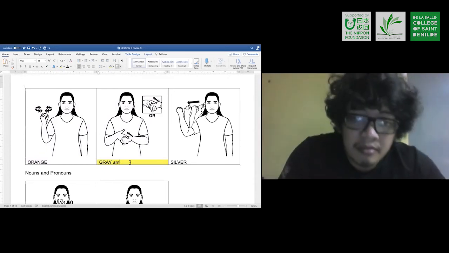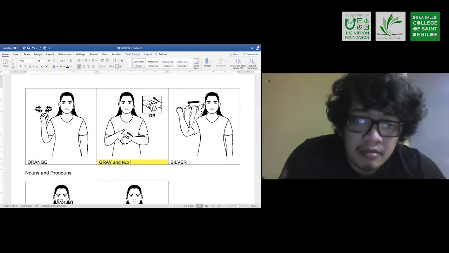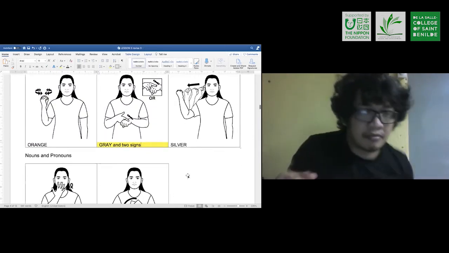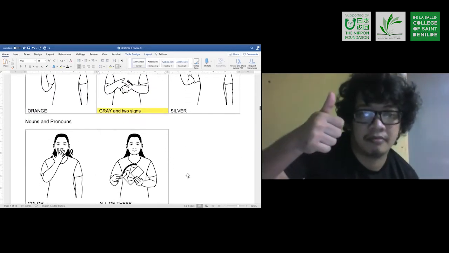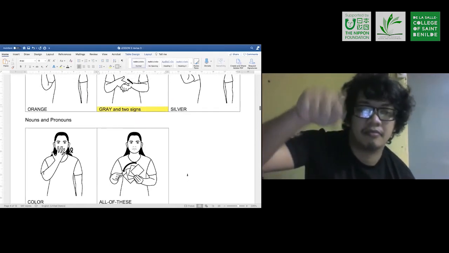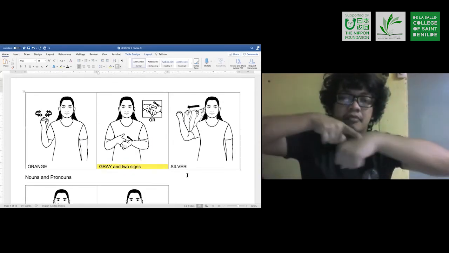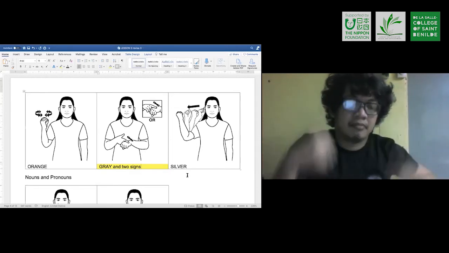And then we had gray. Same thing, just a different variation. Should I do two separate signs? Like this one, and then like this one. Yeah, one is on the side of the finger, one is on the surface of the finger.